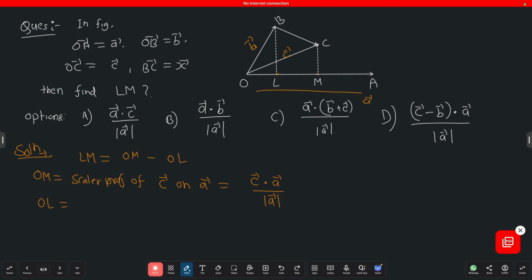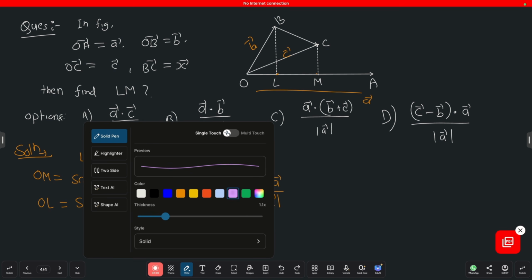OL is the scalar projection of B vector on A vector, which is B dot A upon mod A. Now put these values in equation 1.